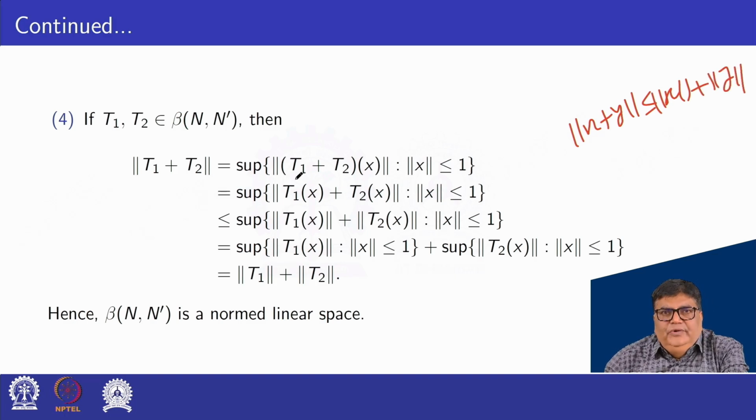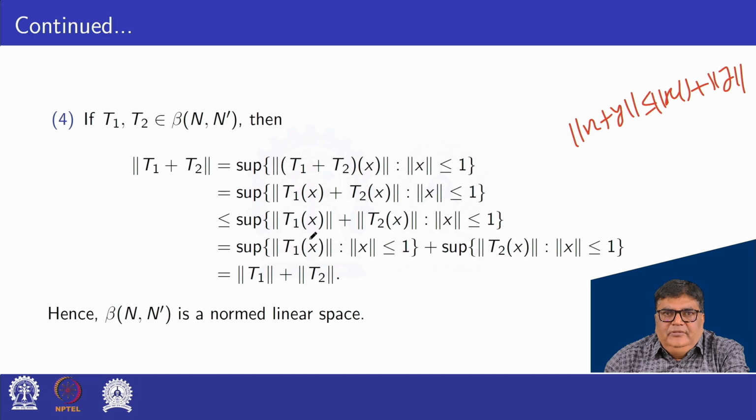norm x plus norm y. So we can write norm of T1x plus T2x less than or equal to norm of T1x plus norm of T2x. This expression can be written as the supremum of norm T1x such that norm x is less than or equal to 1, plus the supremum of norm T2x such that norm x is less than or equal to 1.